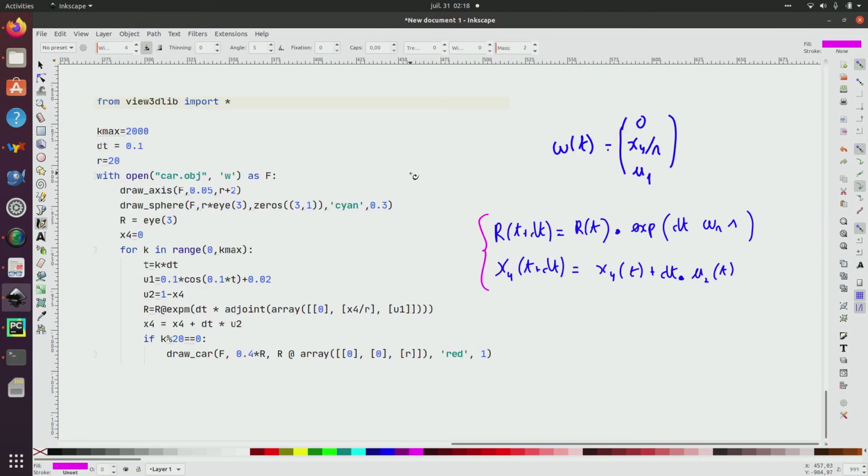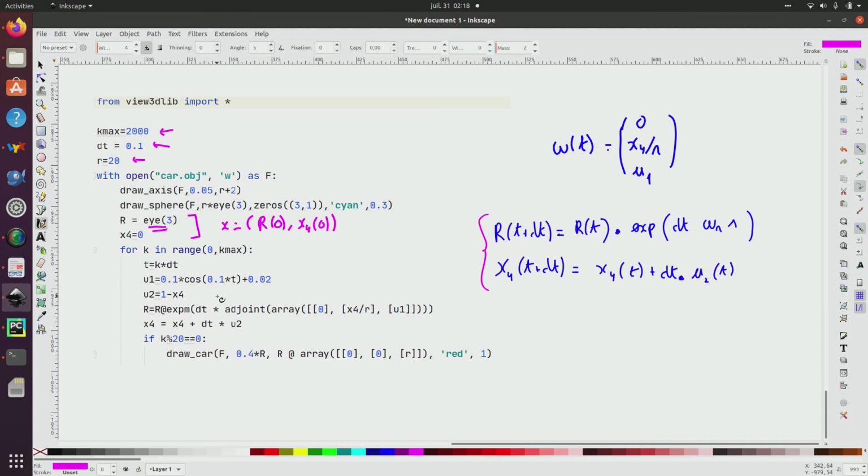For the simulation, I take 2000 iterations, the sampling time, the radius of the sphere. I will generate the file car.obj. I draw the sphere, and this is my initial vector, my initial state. So of course, I have my state x made with the rotation matrix at time 0 and the speed at time 0. This one is taken as the identity, and this one as 0.